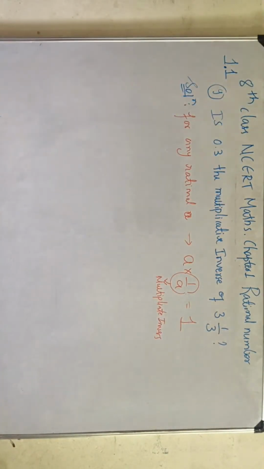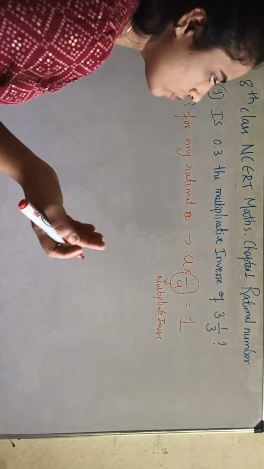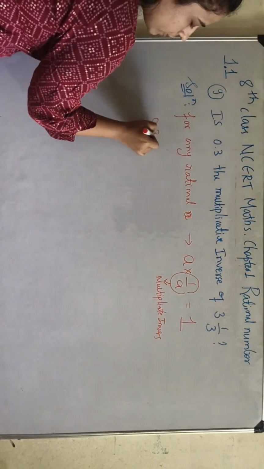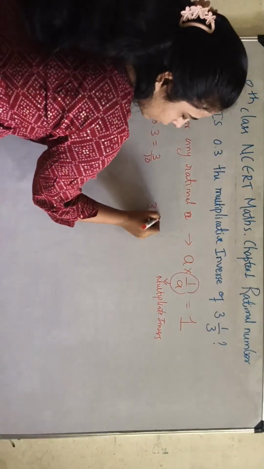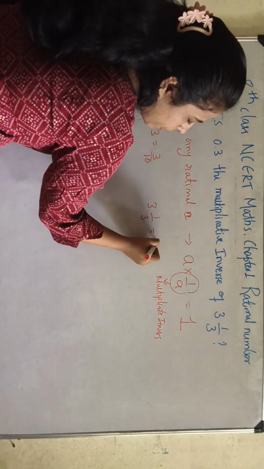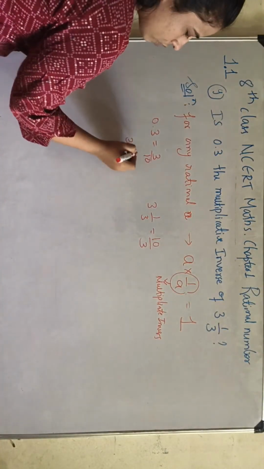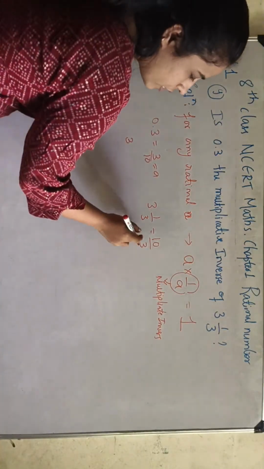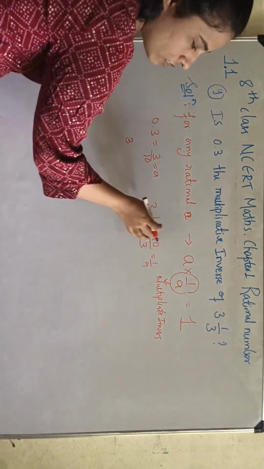Now we will see. They told us 0.3 is a multiplicative inverse of 3 into 1 by 3. So 0.3 I can write as 3 by 10, and 3 into 1 by 3 I can write as 3 threes are 9 plus 1, 10 by 3. Now we have to multiply. This is the original number, called a, and this is the inverse, 1 by a, right? So they already gave it in the 1 by a form.